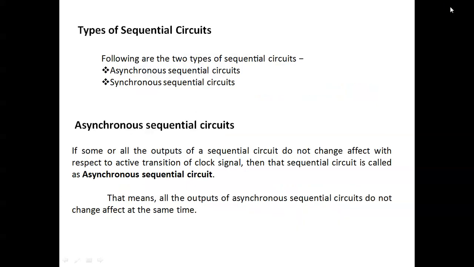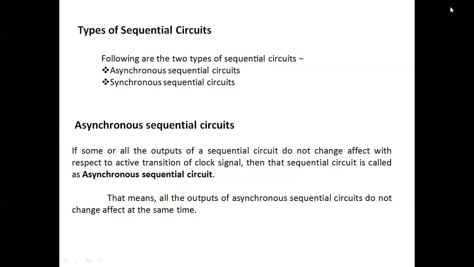Types of sequential circuits. There are two types: one is asynchronous sequential circuit, another one is synchronous sequential circuit. Asynchronous sequential circuit means the clock is given to the first device, and the second and third devices get their clock from the previous device's output.